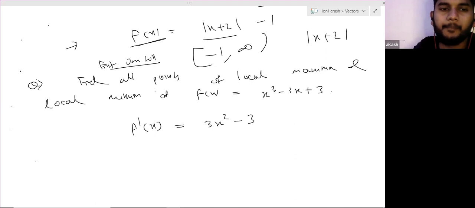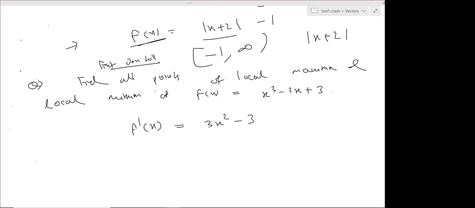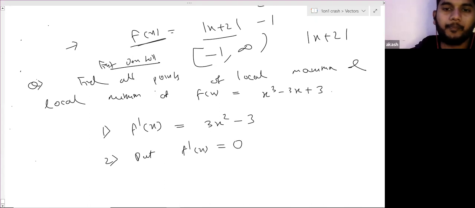Right? Second step, put f dash x equals 0. So we can put 3x square minus 3 equals 0. Third step is to factorize.